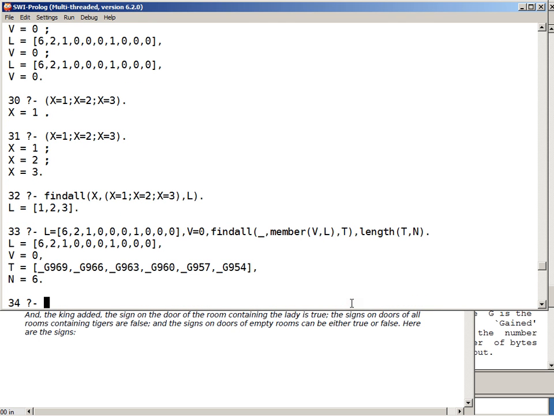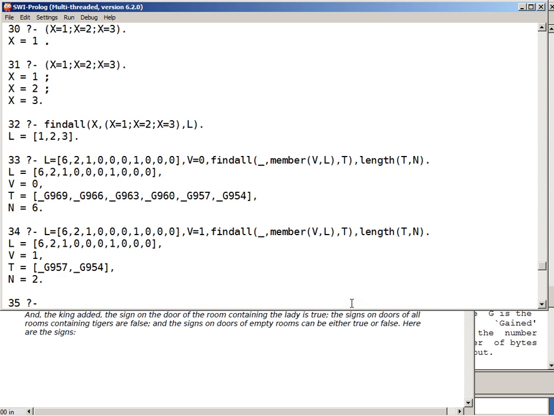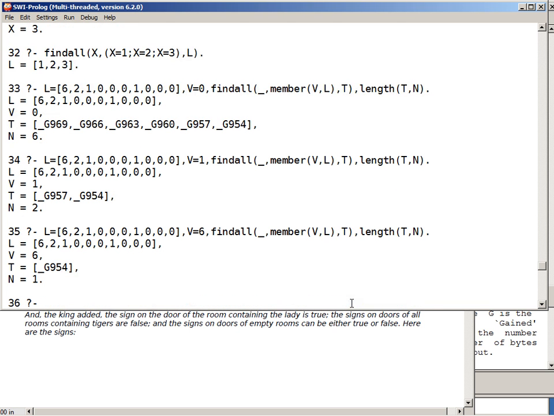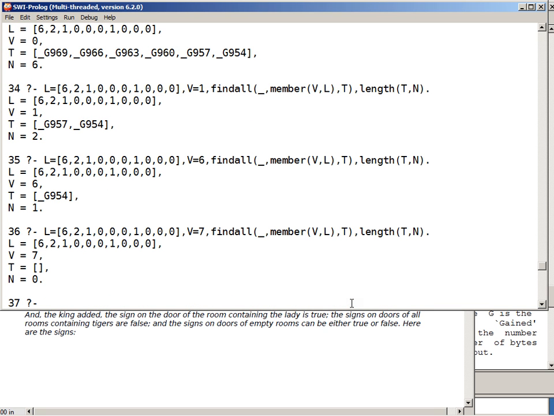So there are 6 zeros, and if I want to find the number of ones, I'm going to have 2 ones, right? And if I want the number of sixes, it's going to be 1, and the number of sevens, it's going to be 0.